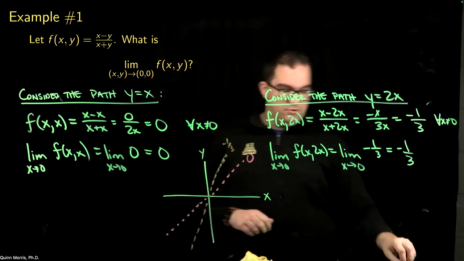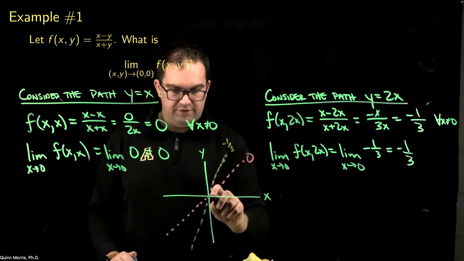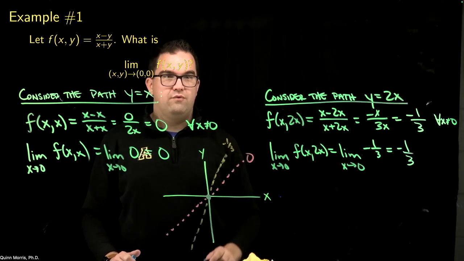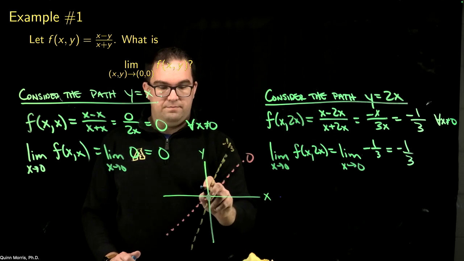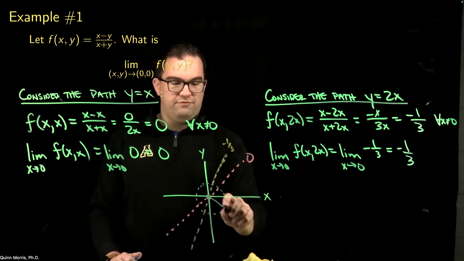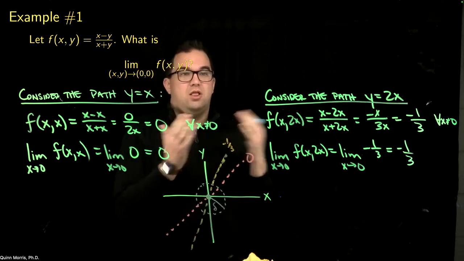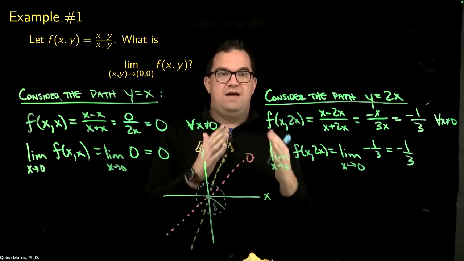Now, remember that the definition of the limit really says that what I ought to be doing is looking for some delta around the point 0, 0, so that all of my function values within this delta ball are within epsilon of some limit value.